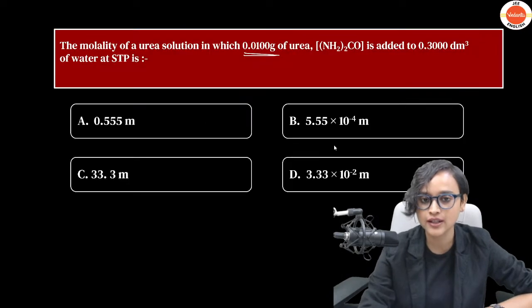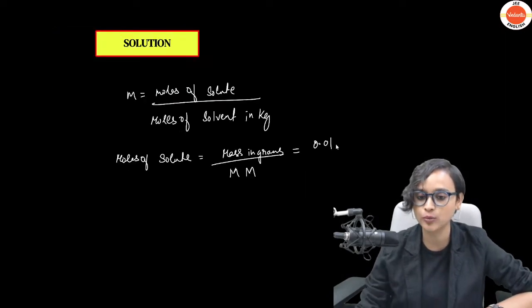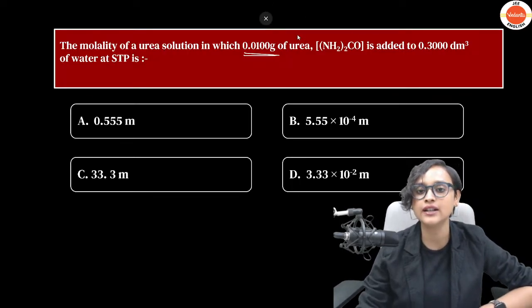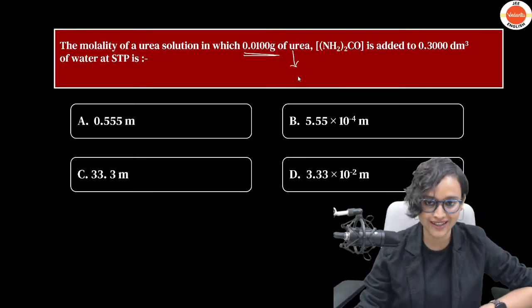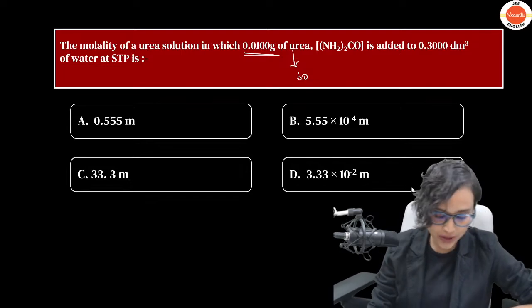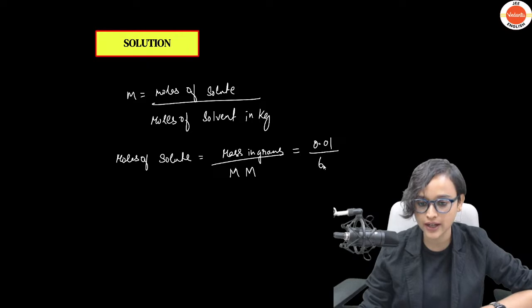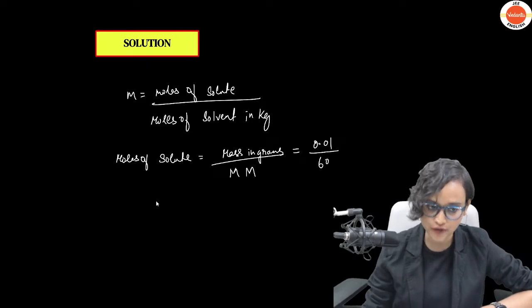I can write it as 0.01 gram. Molar mass of urea, everybody just write it down, is 60. So 0.01 divided by 60 is going to be my moles of solute.